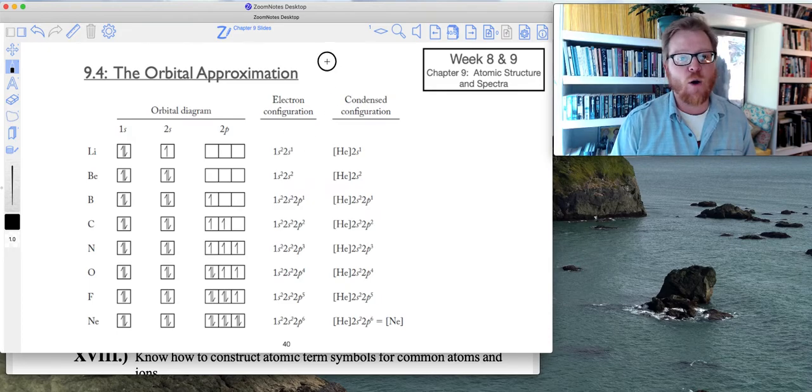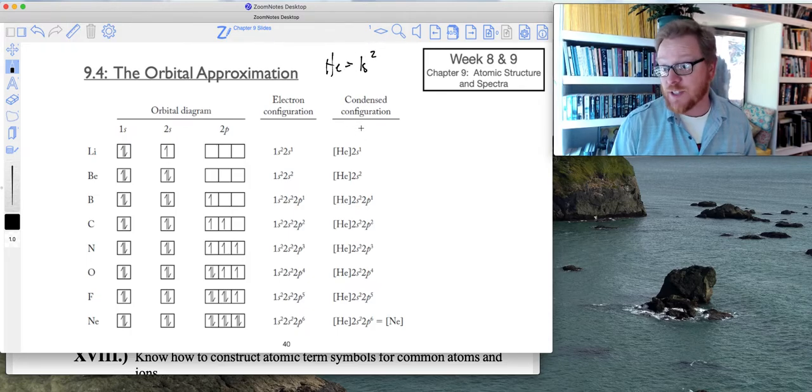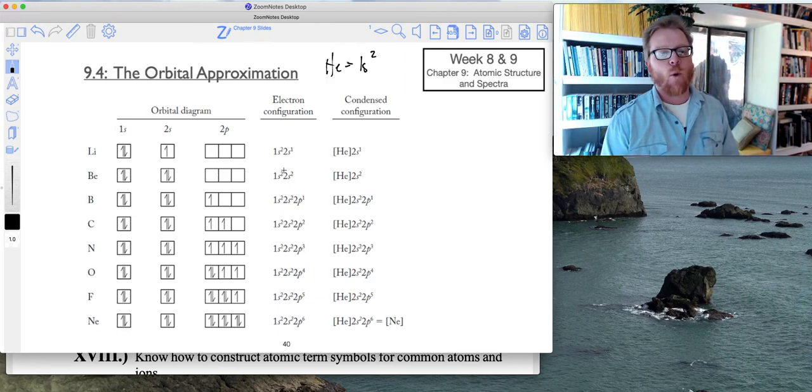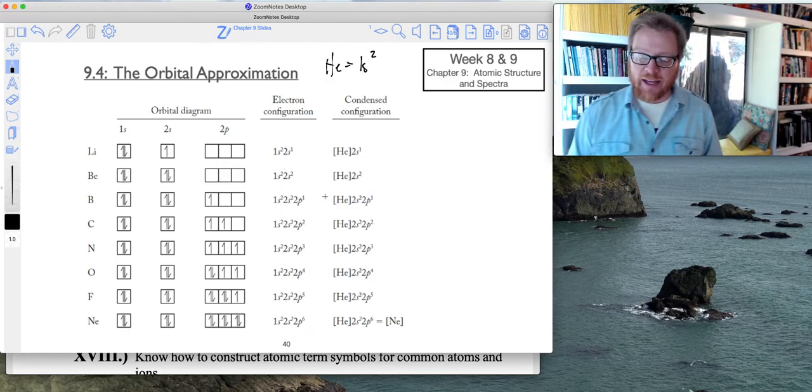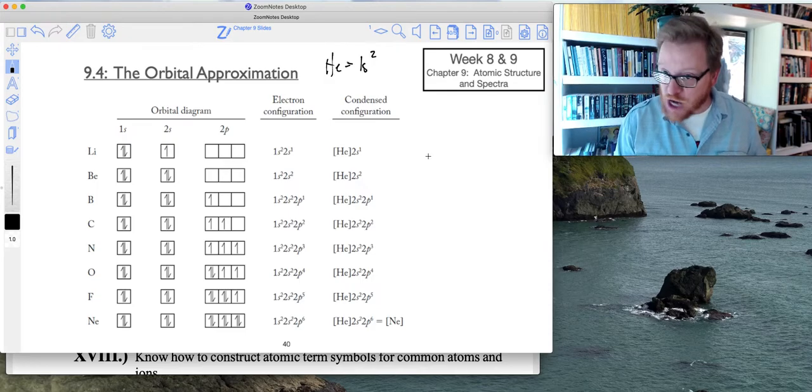And because we know that helium's electron configuration is 1s2, we can use the condensed shorthand, replacing 1s2 with helium, and that becomes helium 2s1. Then, of course, as we add more electrons, we keep populating those subshells.